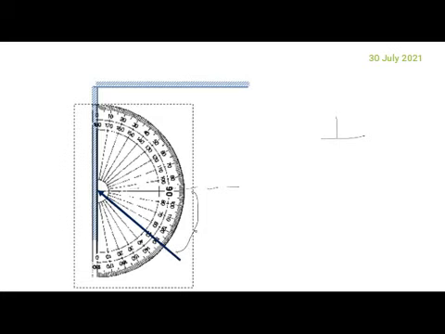So it is here 10, 20, 30 and 40 degree angle. That means if the angle of incidence is 40 degree, the angle of reflection also will be 40 degree. So here 1, 2, 3, 4. Our light ray will reflect in this direction.